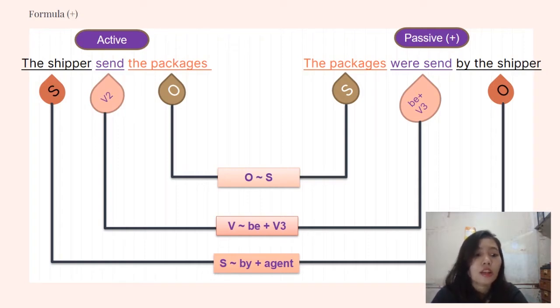Next, the verb becomes verb 3, and "to be" is always added in front of verb 3, so it becomes "was sent." And last, the subject becomes the object or agent, and "by" is always added in front of the agent. From the sample, the shipper becomes "by the shipper."